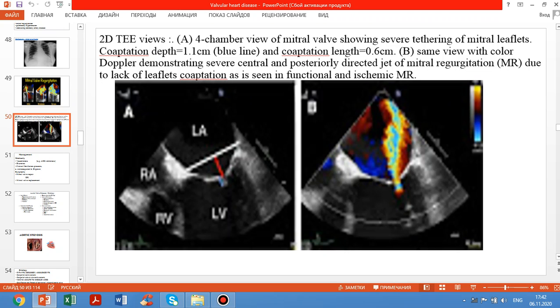In the second picture you can see the same view, with color Doppler demonstrating a severe central and posteriorly directed jet of mitral regurgitation due to lack of leaflet coaptation, as seen in functional and ischemic mitral regurgitation.